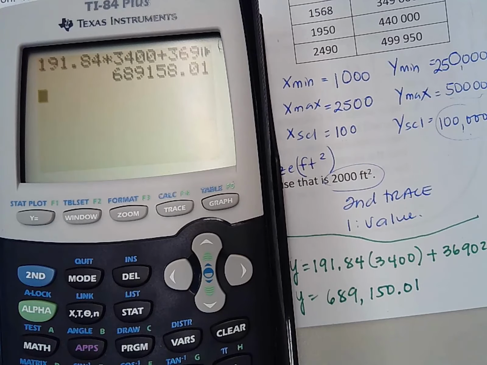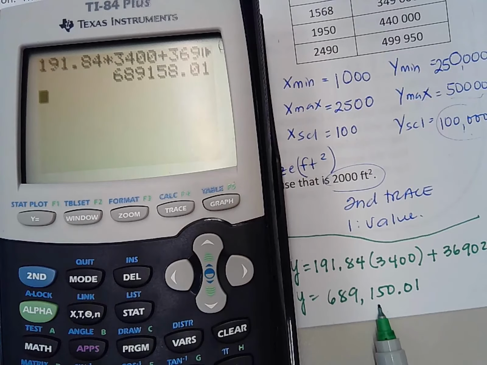Did you get 689,150.01? Yeah? So that's using our formula to calculate the price. So it becomes a formula.